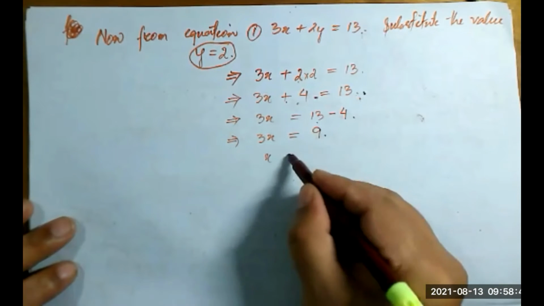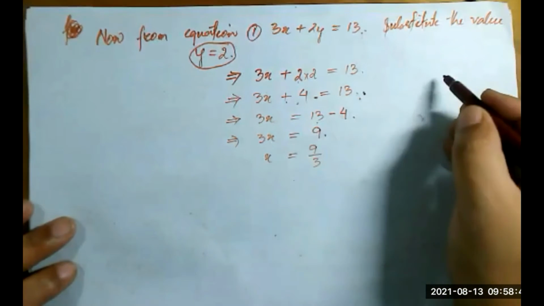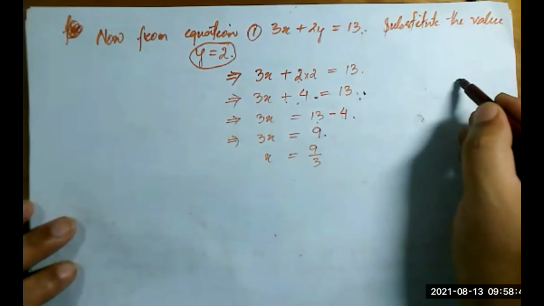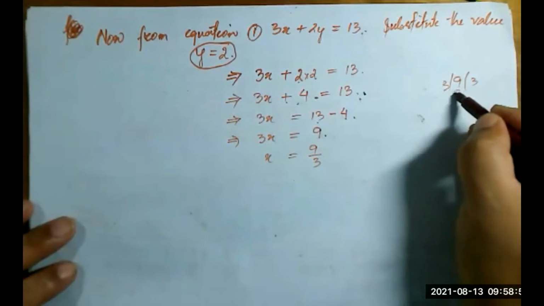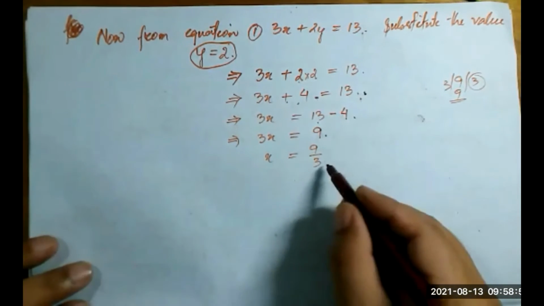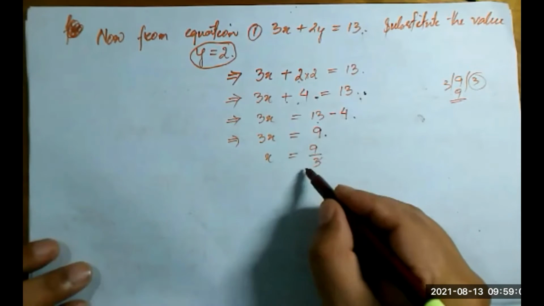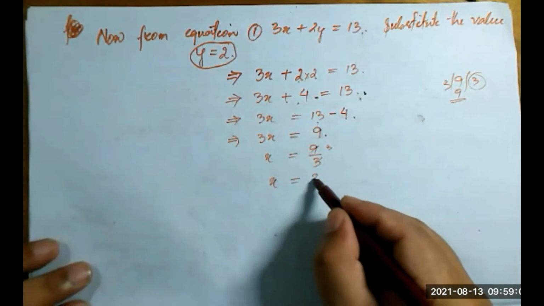Then x is equal to 9 by 3. Then when we divide 9 by 3, 3 times 3 is 9. So we get the answer 3. Or you can just cancel it, 3 times 3 is 9. So the x value is 3.